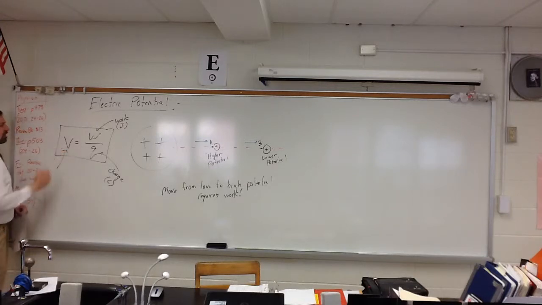And this new letter here is a V, not to be confused with velocity. Totally different topic. This is a V and it means potential. And potential is measured in units of volts, which is abbreviated V also.